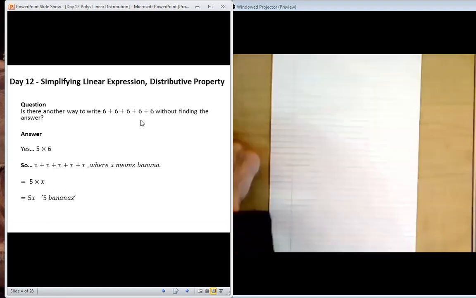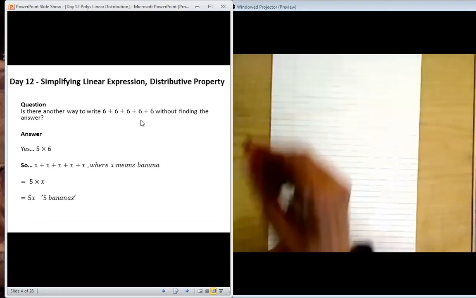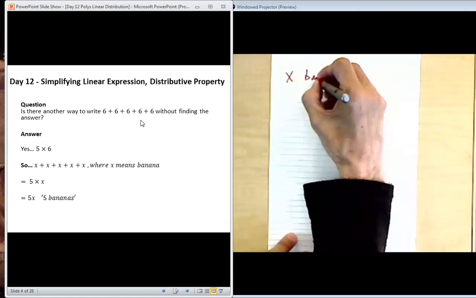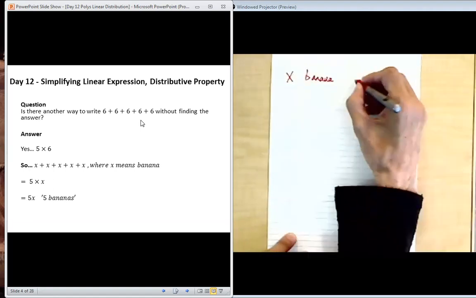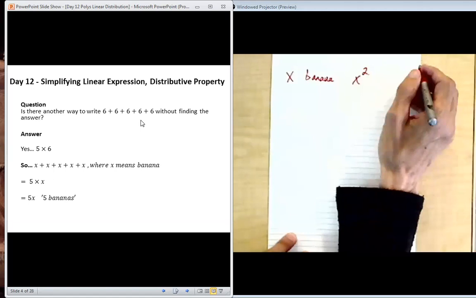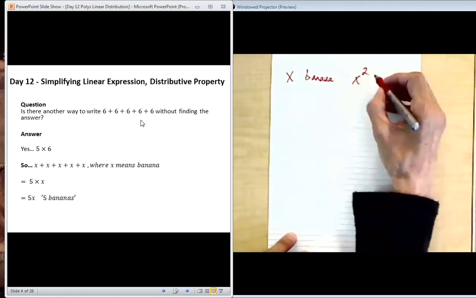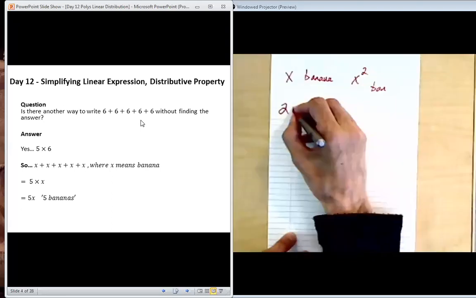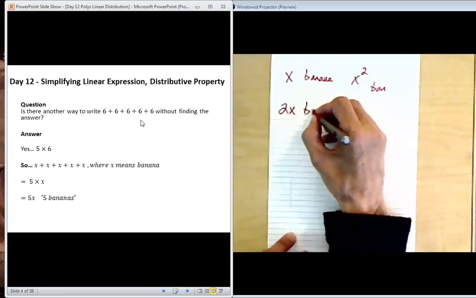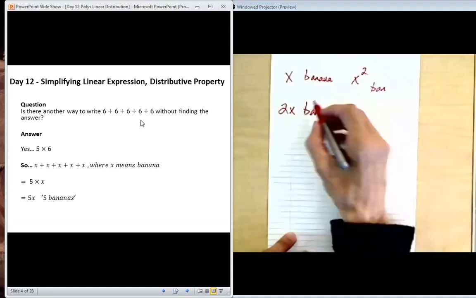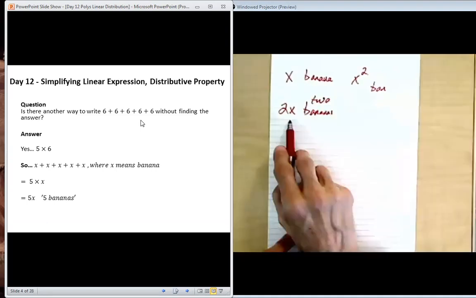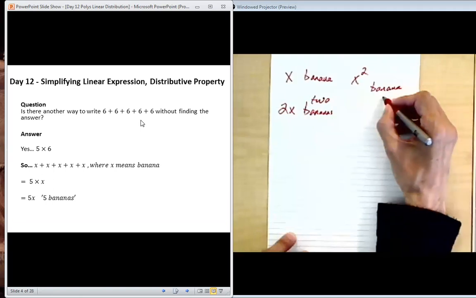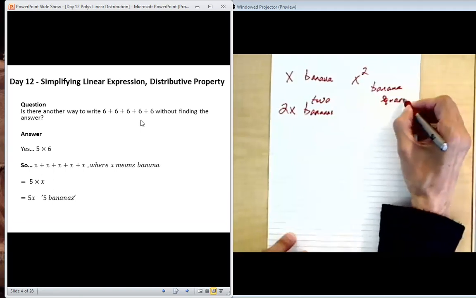Now, super important for today. If x is banana, what does x squared mean? No, that would be 2 bananas, 2x, like that. This is banana squared, or banana to the power of 2.